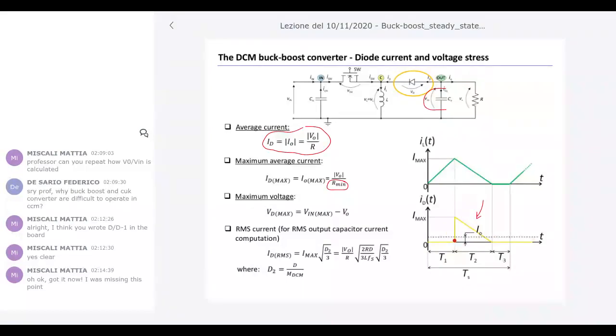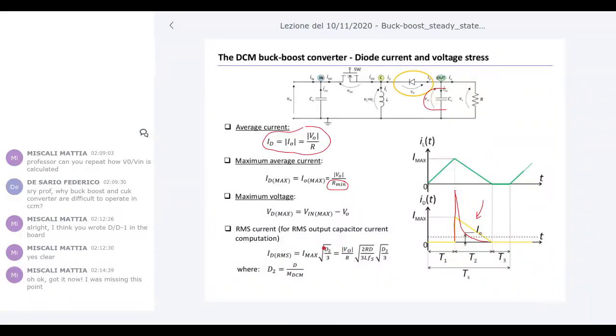We square this waveform and get a parabolic triangle, Imax squared as a peak value, T2 as a base. So 1/3 of T2 Imax squared over Ts. And then you can have your root mean square value, exactly what is written here.